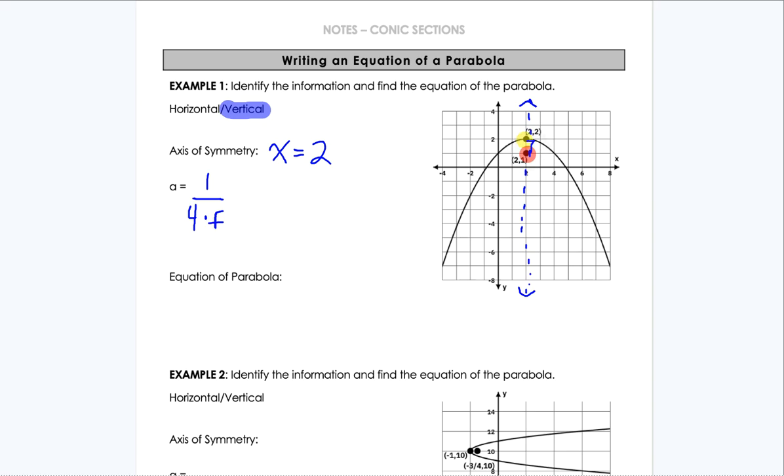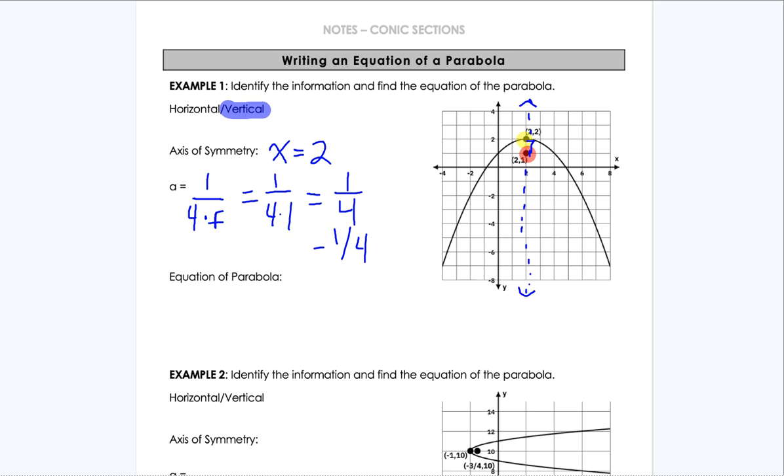That's the distance between those 2 points, and I can see from 1 to 2 that is a distance of 1. So 1 over 4 times 1 means my A value is 1/4. Since this parabola opens downward, it's going to be a negative 1/4 A value. Making it negative is what makes it open downward.